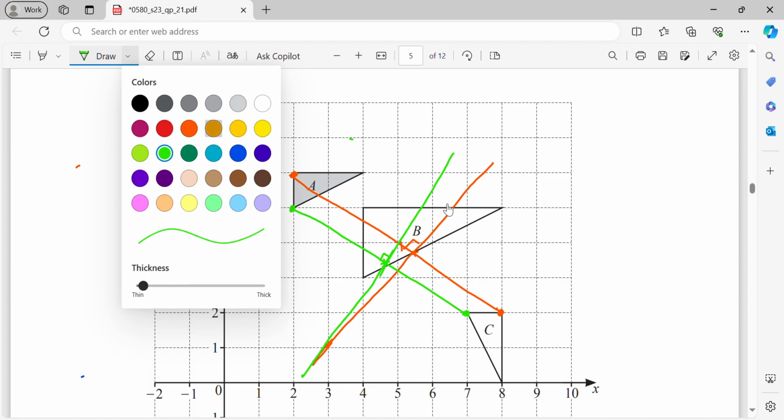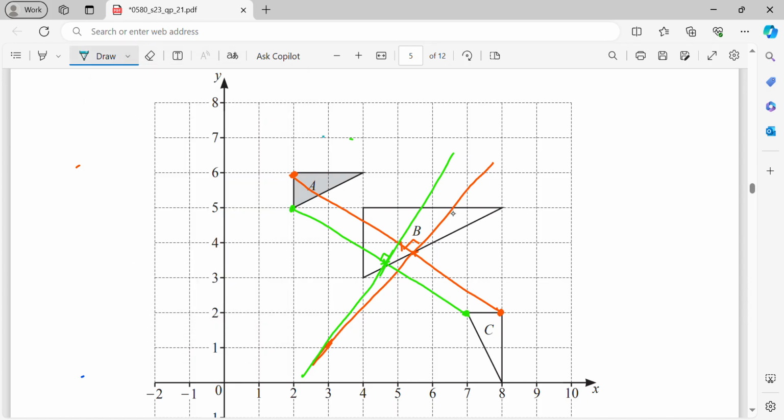Perpendicular bisector as well. Okay, so here is 90 degrees. Then another line is joining these 2 points. So here I also simply sketch because I don't have ruler. Okay, let's say this is the line.